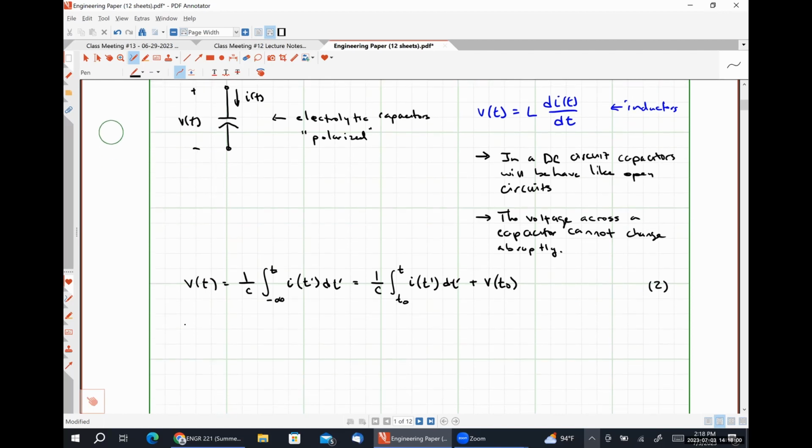The power absorbed by a capacitor is the product of voltage and current, which can be rewritten as C V dV/dt.